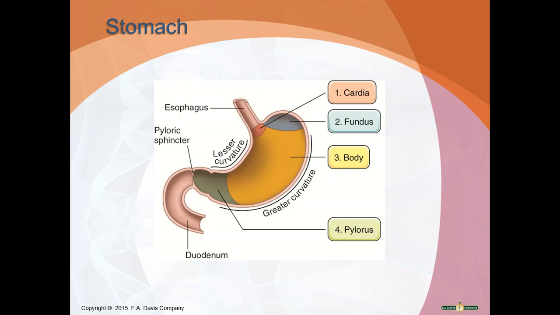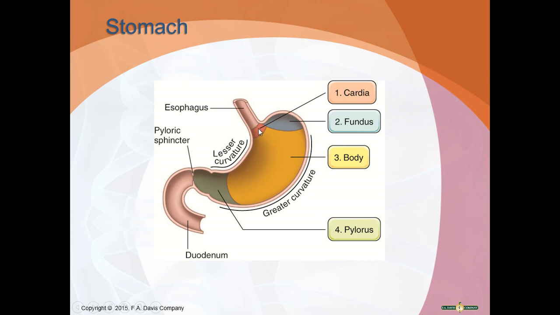The normal curvature of the stomach creates two anatomical landmarks. You have the lesser curvature along the upper surface of the stomach and the greater curvature along the lower surface. The stomach is divided into these four regions, and you see this is named cardia.